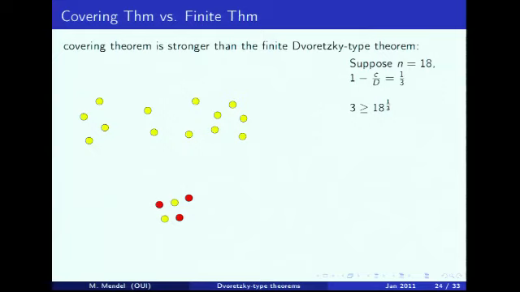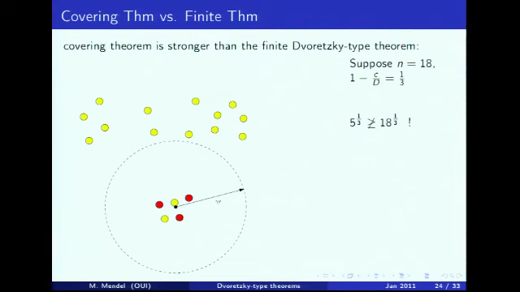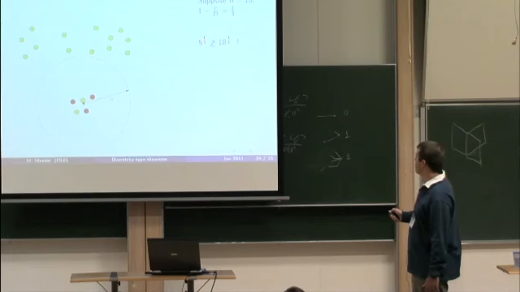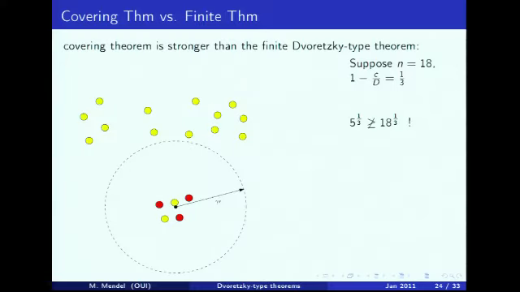However, this is not a good solution for the covering theorem. Why? Because there is a bad cover here. For example, if you take this cover of the subset and now you inflate it by a factor of gamma, the measure of this ball is only 5. And last time I checked, 5 to the power of 1/3 is smaller than 18 to the power of 1/3.